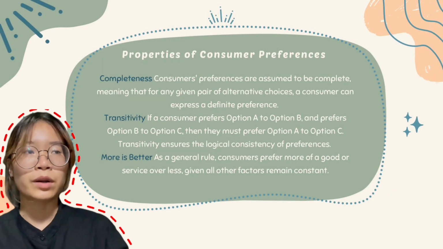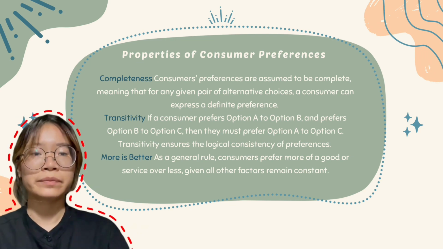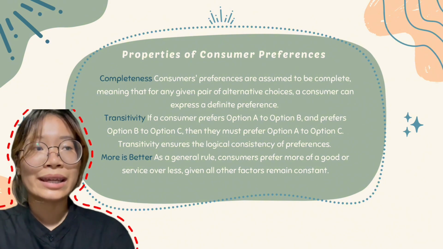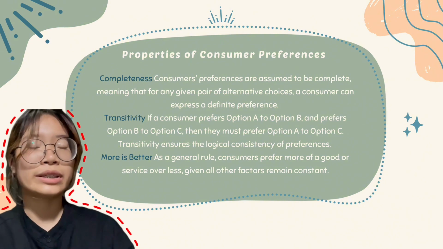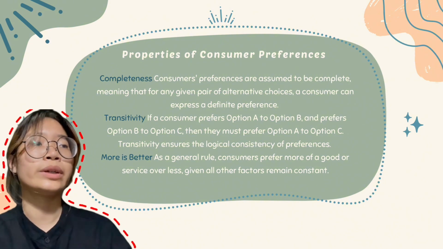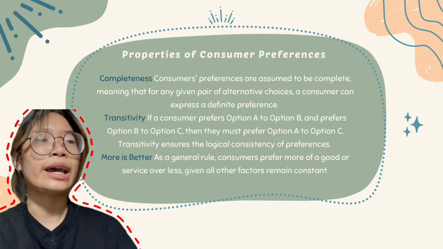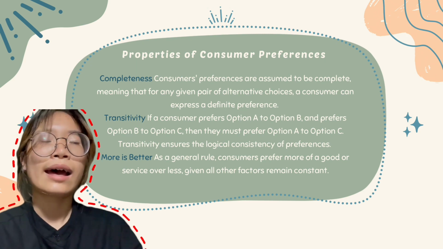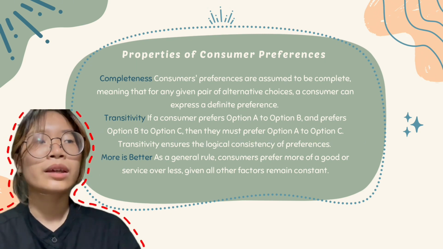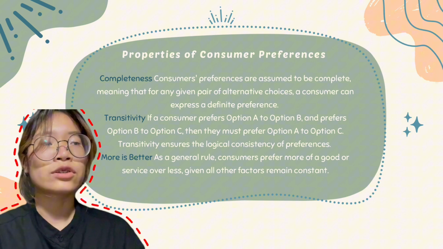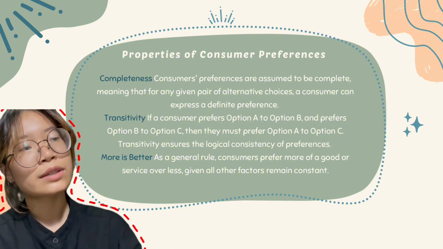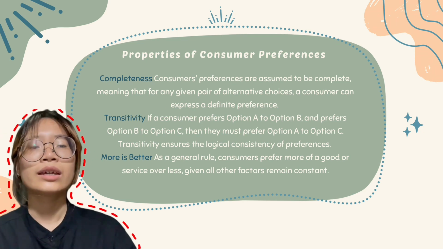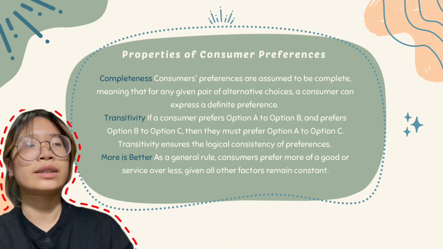So, the properties of consumer preference. The first one, completeness. Consumer preferences are assumed to be complete, meaning that for any given pair of alternative choices, a consumer can express a definite preference. The second one, transitivity.